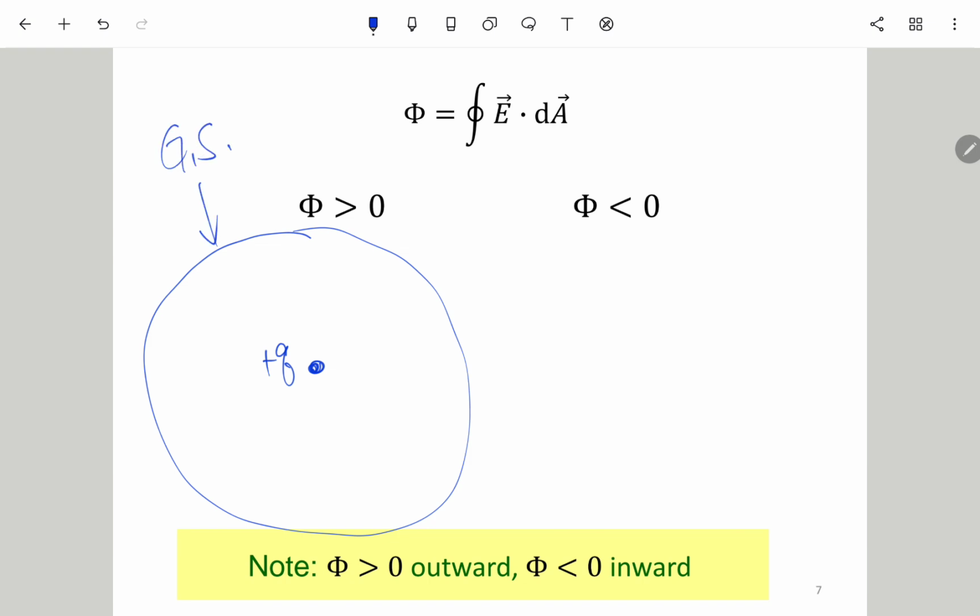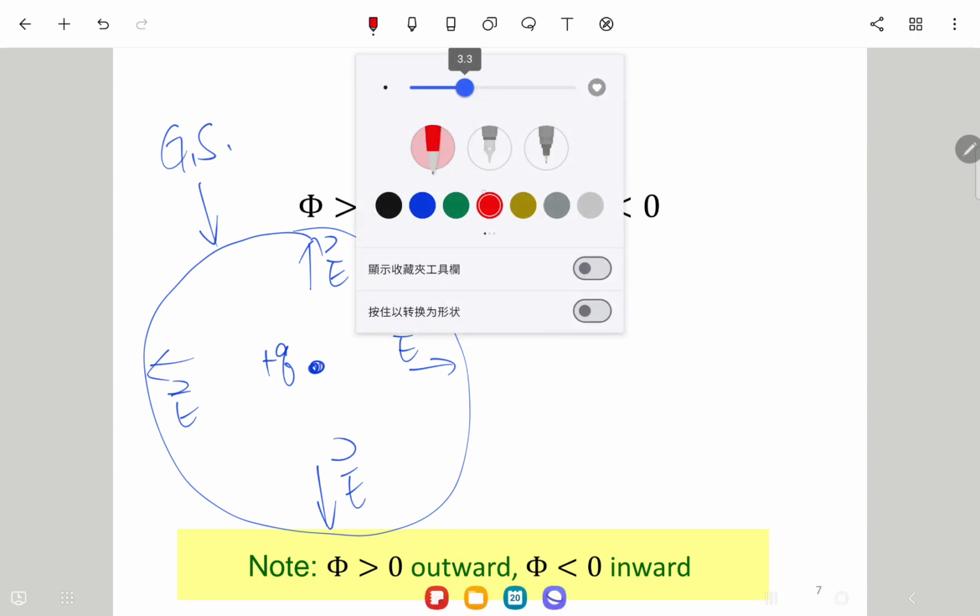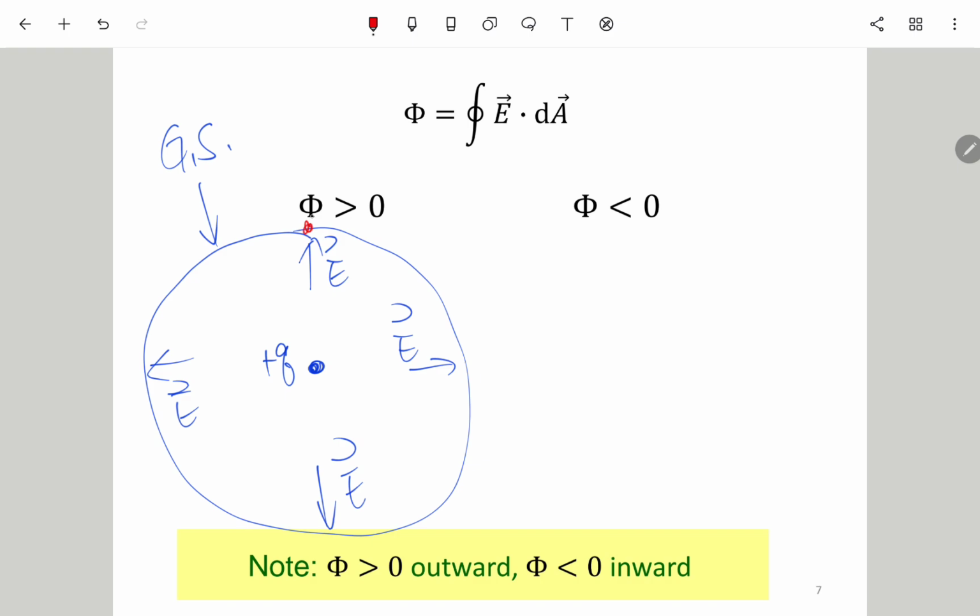According to what you have learned in chapter 22, it will generate an E field pointing outside, because the charge is positive. So for every point on the Gaussian surface, let's say for this point, dA is pointing outside, perpendicular to the surface. In such a way, all the E dot dA are positive.